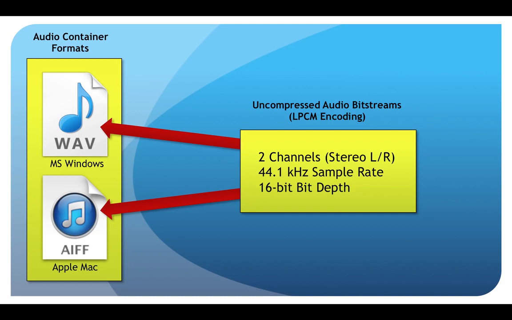Now, the standard encoding for digital audio that was set by the Recording Industry Association of America is LPCM encoding. This stands for Linear Pulse Code Modulation. The most common situation you will see is 2 channels of stereo audio, left and right, 2 audio bit streams, and the sample rate is 44.1 kilohertz.